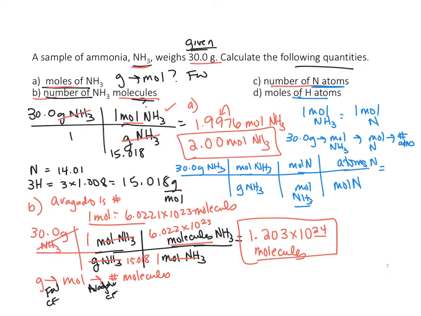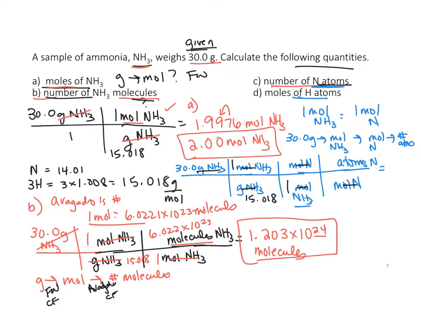And then we can put in our numbers, because you see that grams cancel, moles cancel, moles of nitrogen cancel, and then we're left with atoms of nitrogen. All right, so this 17.034 goes with grams and 1 goes with mole. You have to get these numbers right, because otherwise you're multiplying when you should be dividing and vice versa.